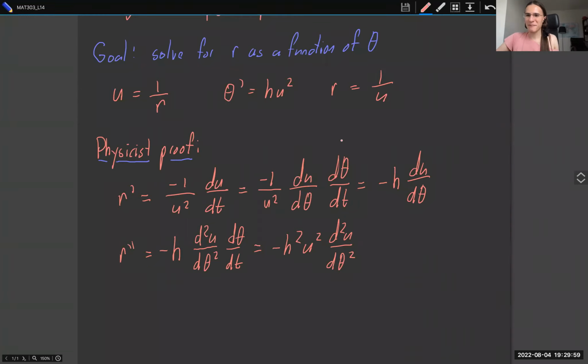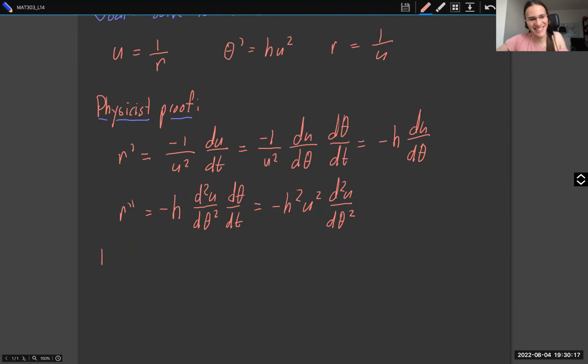So are you happy with this argument? Pretty sketch. Yeah, okay, so let's do the translation. I also think it's very sketch.